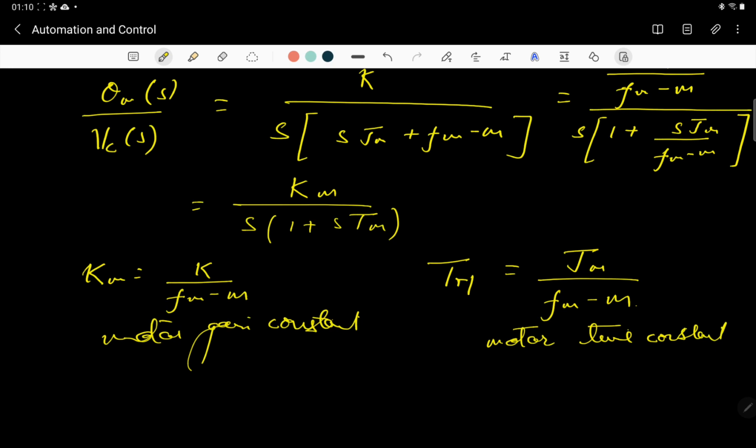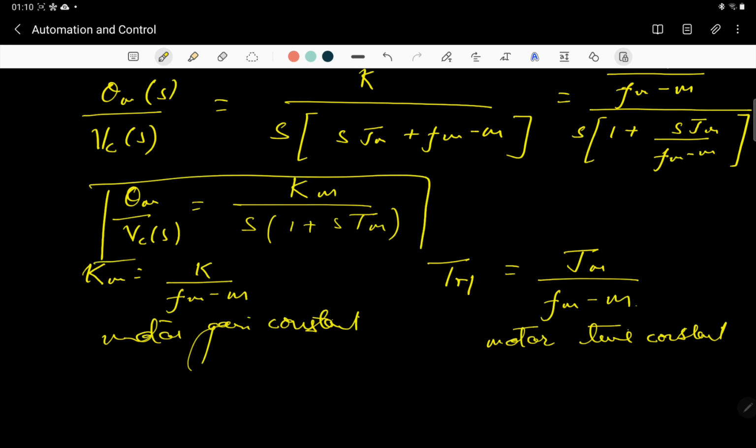So this is simply the transfer function of the motor angular shift to the input voltage Vc(s). So this is up to here in the AC servo motor. Thanks a lot.